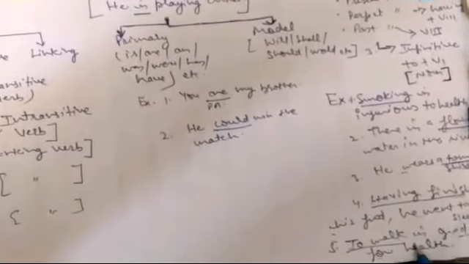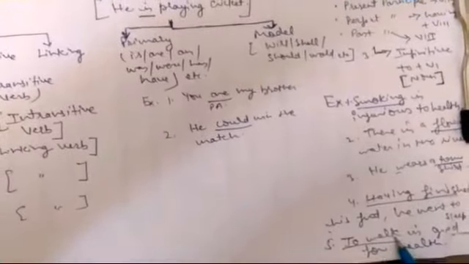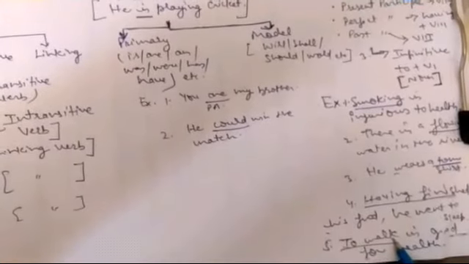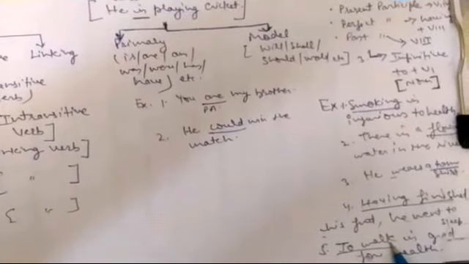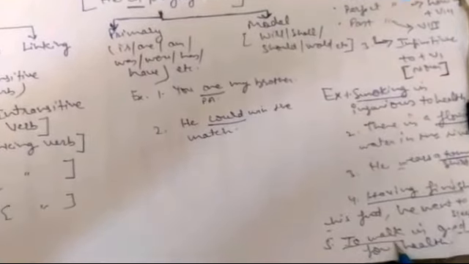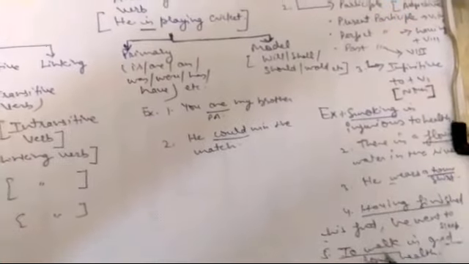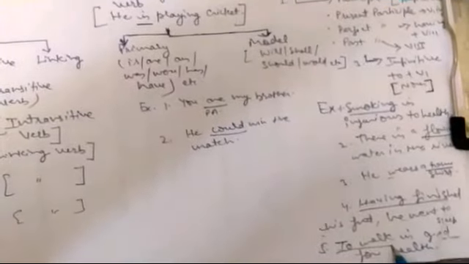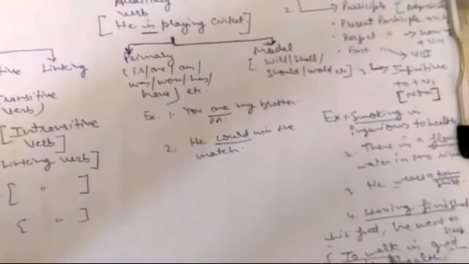Now the next example: to walk is good for health. So this to walk is the example of infinitive, and infinitive is a non-finite verb. It works in the sentence as a noun. To walk is the noun, and infinitive is to plus V first. It does not indicate any time, number or person.